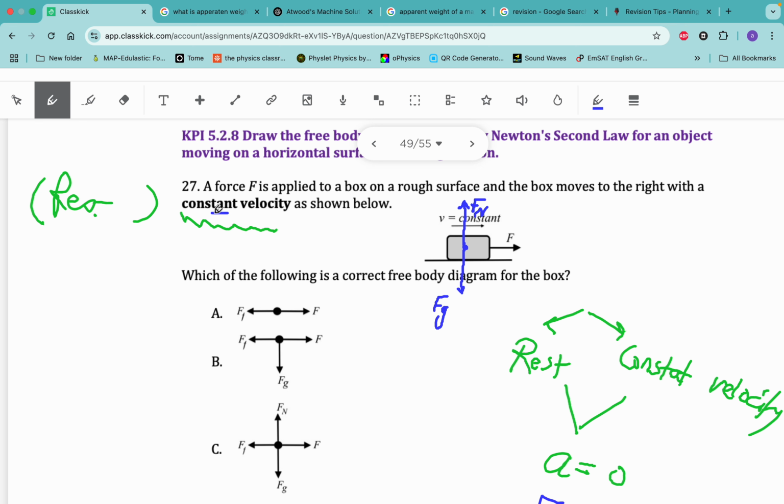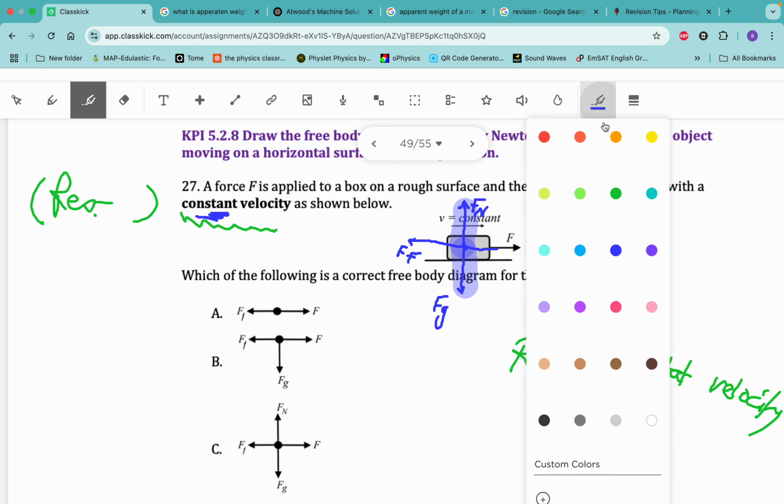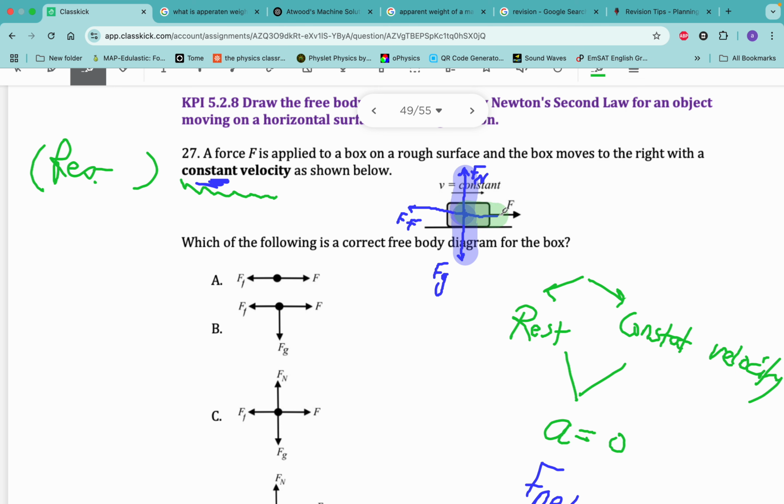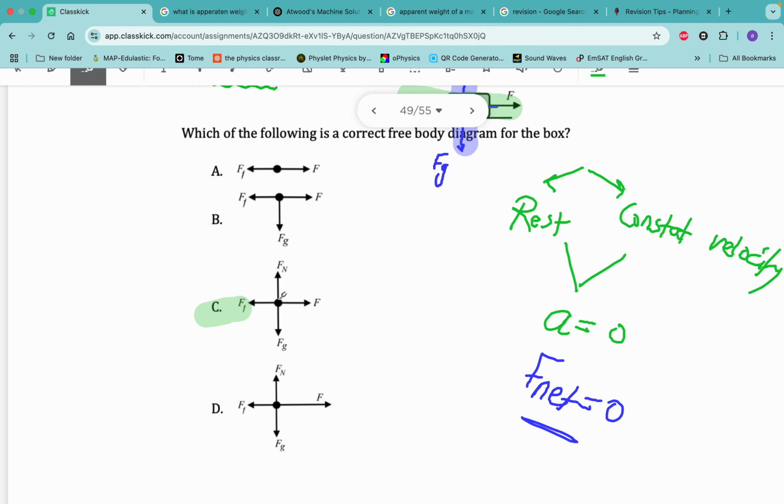Now, with constant velocity, we have the applied force and the backward friction force, and all these forces are equal and opposite. These two are equal, so they cancel each other out. These two are equal, they cancel each other out, so it looks like C.